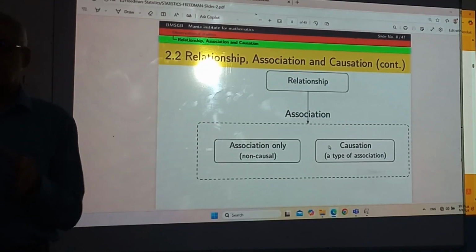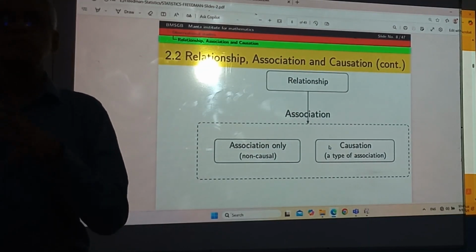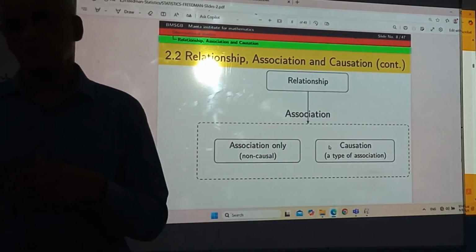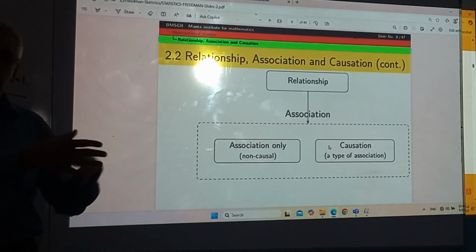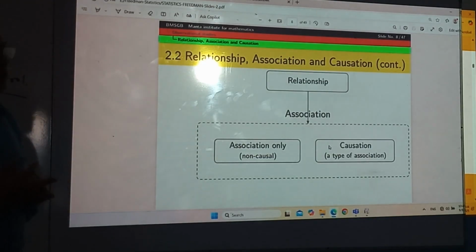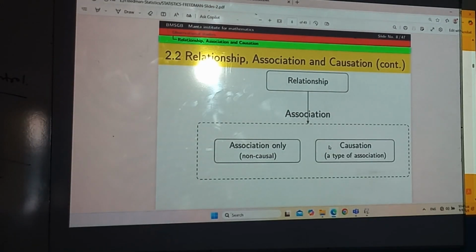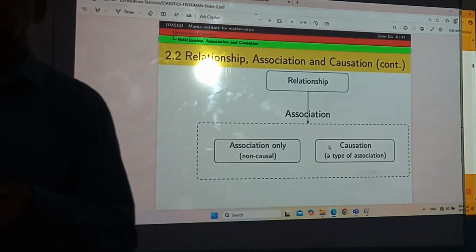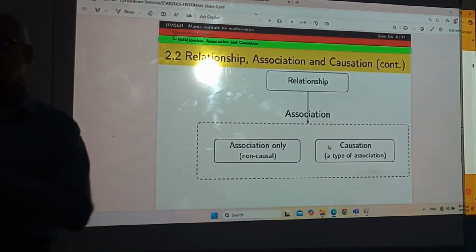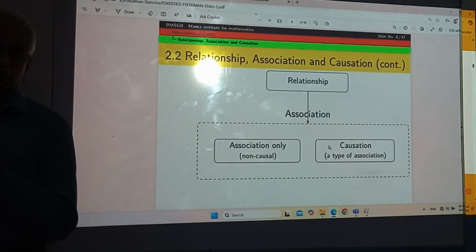Maybe we know that some can have an effect, and maybe there are other variables which we don't know, but still affect the relationship between the two variables. So it is not always possible to identify all the confounding variables. There can be known confounding variables as well as unknown confounding variables.